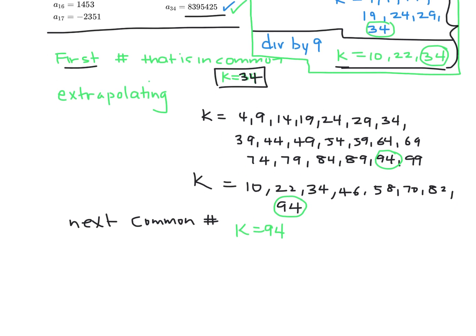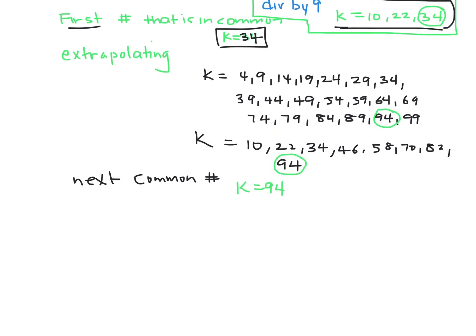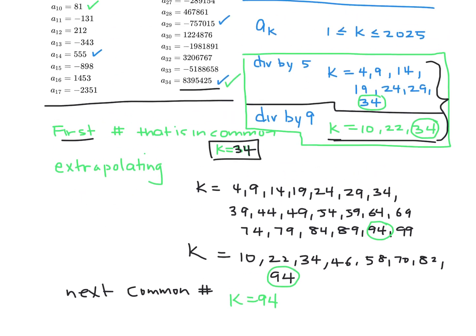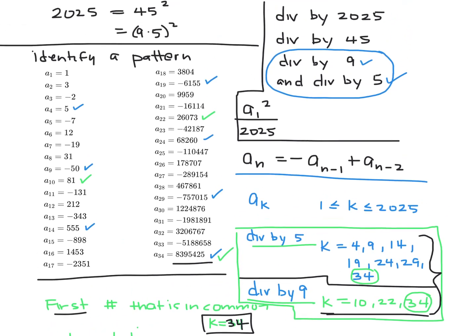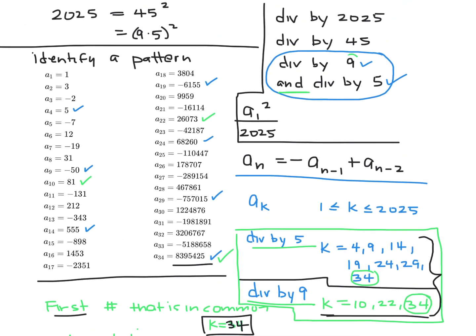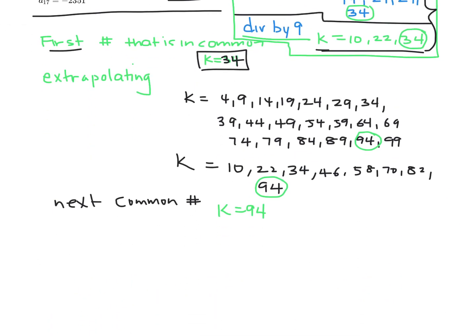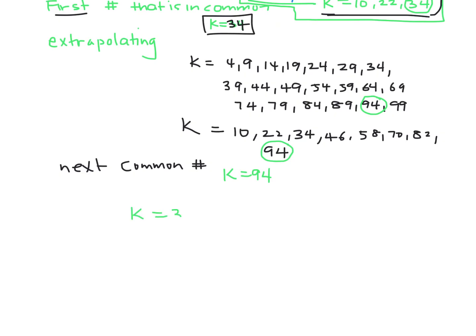Okay, so that is the conclusion we wanted to come to: what is the pattern for both? We found patterns for each, divisible by 5 and divisible by 9, but what's the pattern for numbers that are divisible by both 9 and 5? And that looks like 30 for k equals 34, then 94. And if you extrapolate this pattern, it is of the form 34 plus 60n.